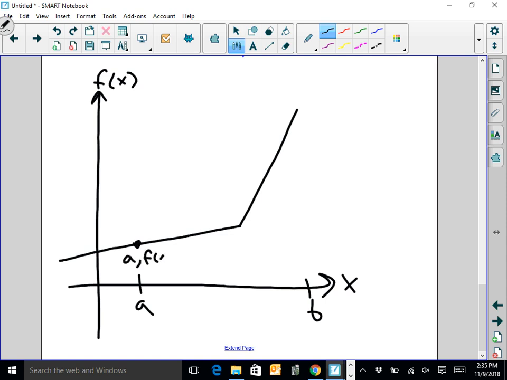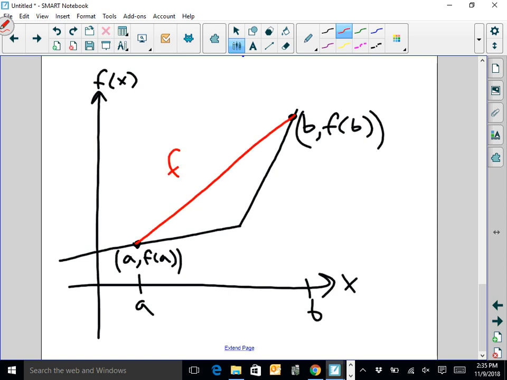And up here I have the point b, f of b. Once again, the slope of my secant line here, this is f of b minus f of a over b minus a. That's the slope of that line.